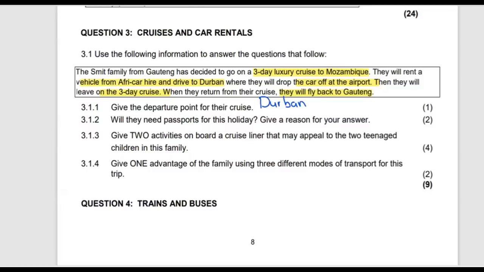Will they need passports for this holiday? Give a reason for your answer. Simply because they are going to a foreign country, which is Mozambique. Yes, the Smith family needs passports.